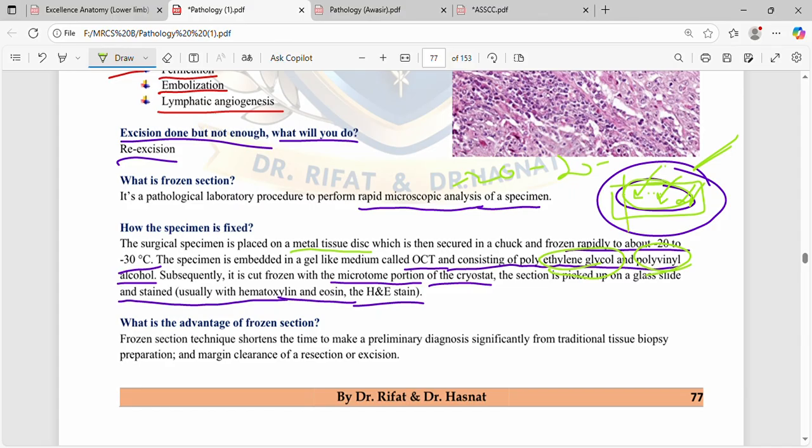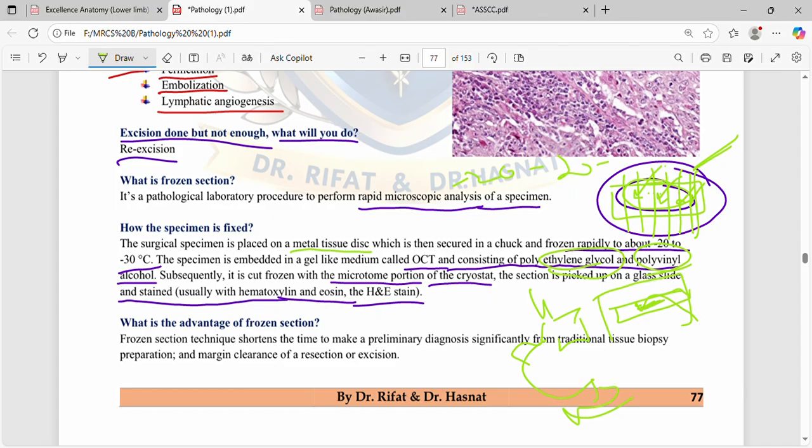Then you cut it with the microtome into thin slices, take one slice, put it on a glass slide, stain it with hematoxylin, and look at it under the microscope.